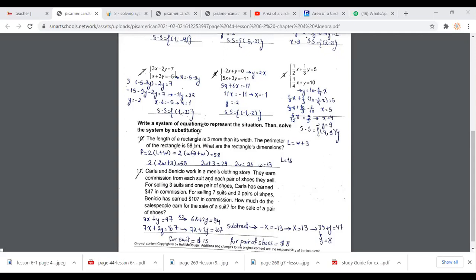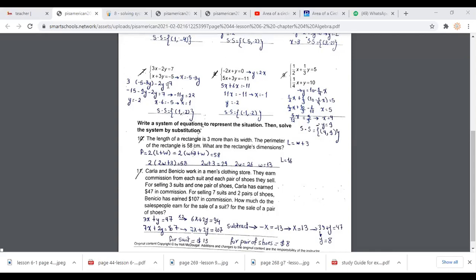You will try to solve it by yourself, and you have the model answer in our Smart School folder, Chapter 6 Algebra. Let me check with you question number 10. The length of a rectangle is 3 more than its width. So let's say at the beginning that we can call length by the letter L and the width by which letter?